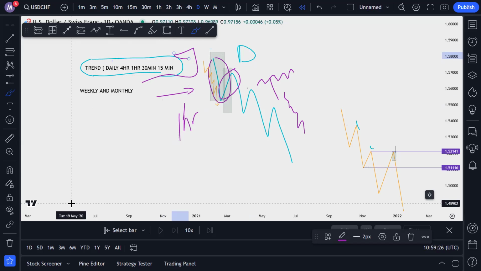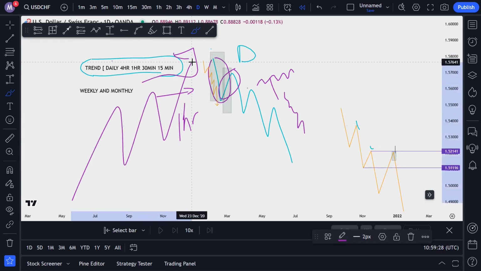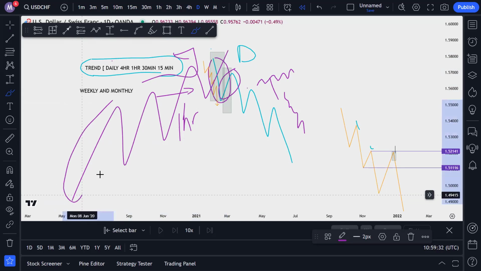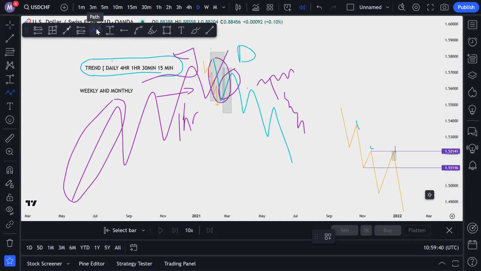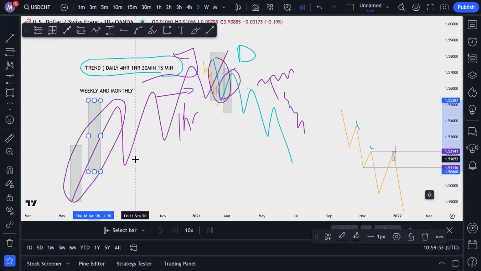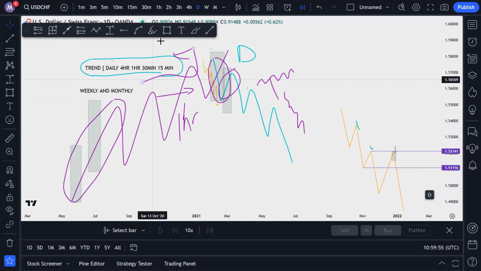Remember, if this is a bullish trend on the 4 hour, only this leg may be having 1,000 trends. Let me show you. You may be having like 2 candles here, but each candle may be having 50 trends.